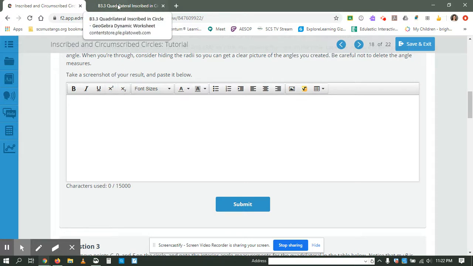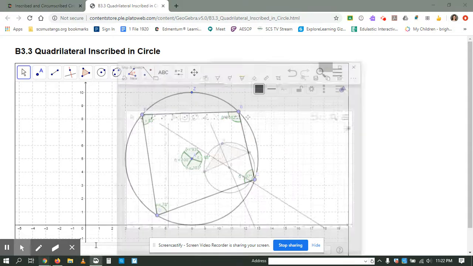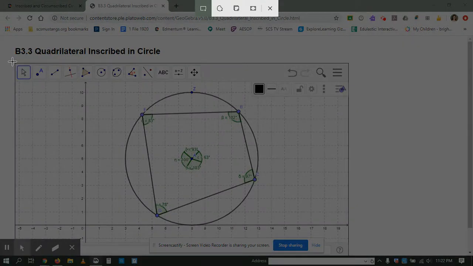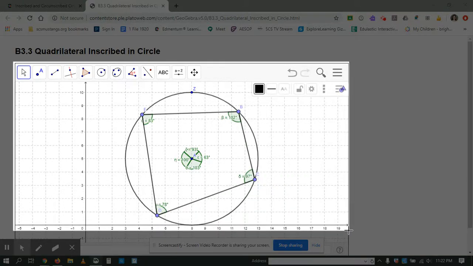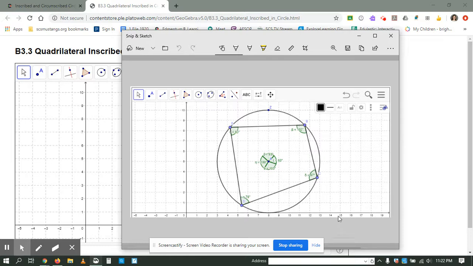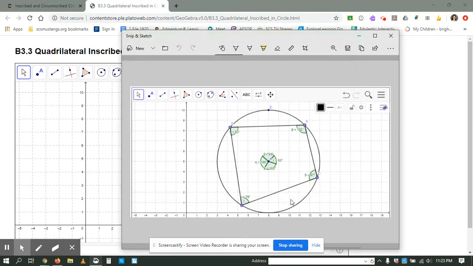You've seen me do that a couple of times. I'm going to do it one more time, and then I think we'll call it good. So just a friendly reminder, I like to use that snip tool that they have in Windows. If you do a screenshot, just make sure you either save it to your desktop, or I think on your Chromebooks, it saves them in your download file.